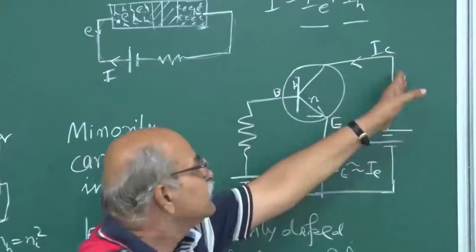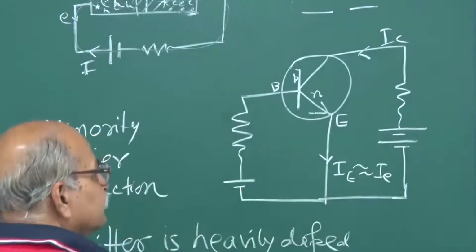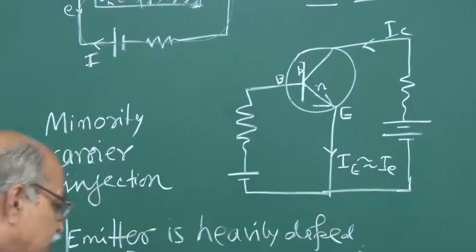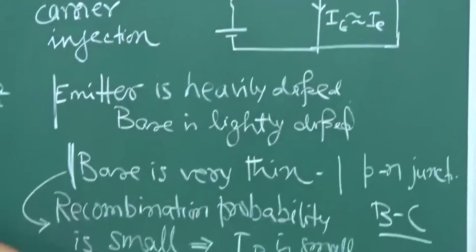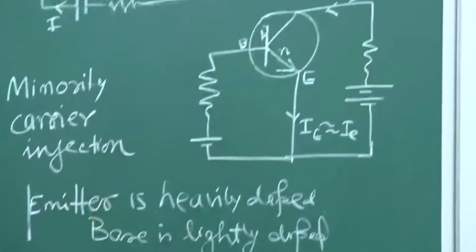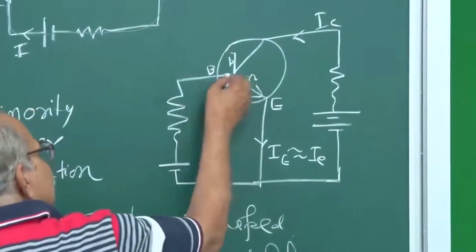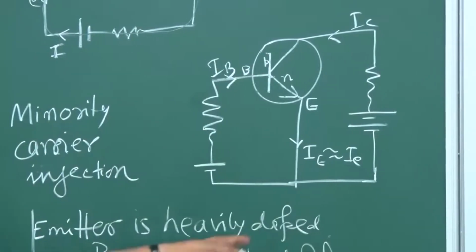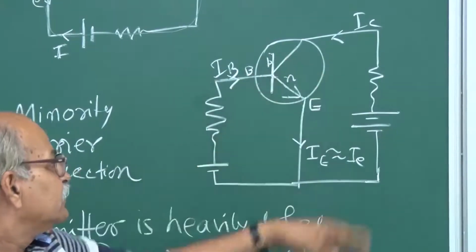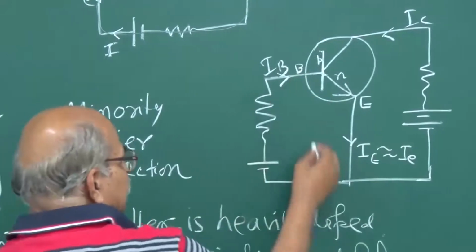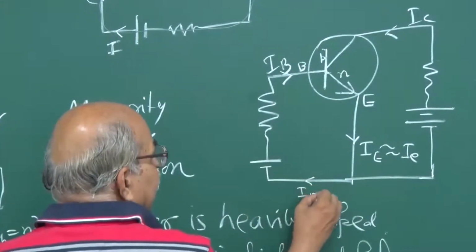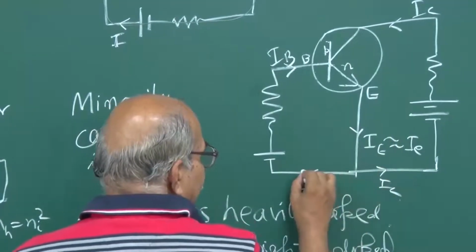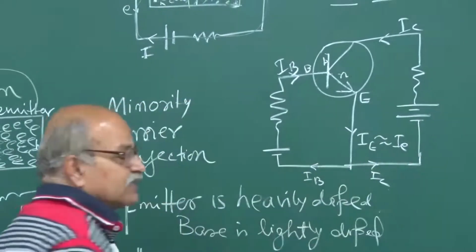Since the electrons are going this way, your current is in this direction. Some of the electrons recombine, and corresponding to that you have a small current in the base. So the picture is IB and IC, and IE will be equal to IB plus IC.